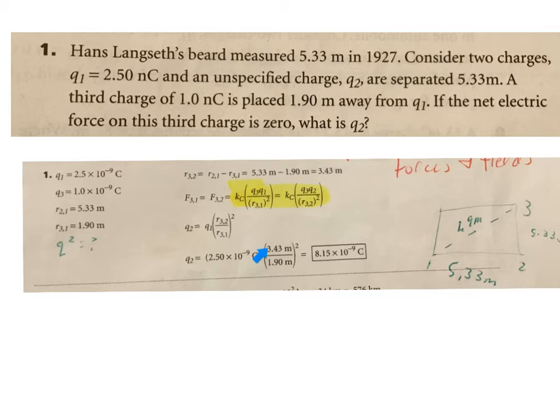And I put that there. And then my r31 is the 1.9, and you can see I have that over here. Square that, solve, and I get my charge as being 8.15 times 10 to the negative 9 coulombs.